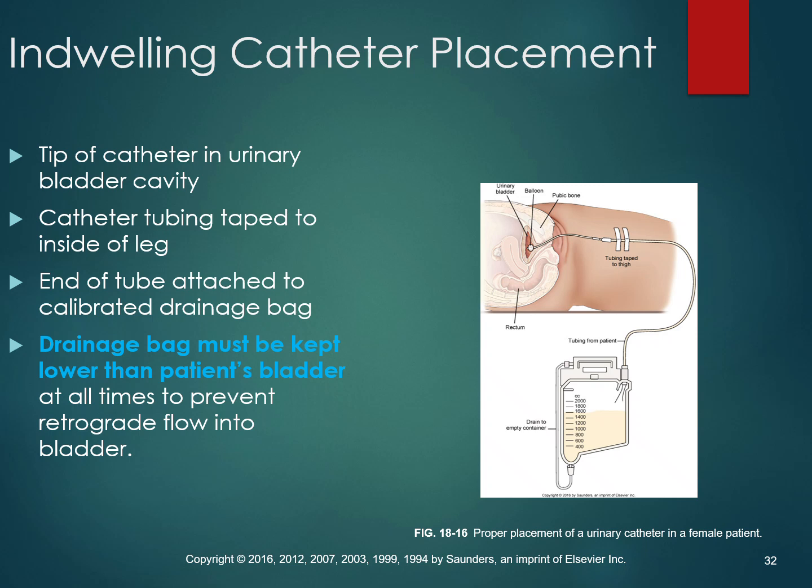If you lift the bag up, the urine is going to flow back into the bladder, and even though this is a sterile procedure, there could be bacteria in there, and then you would reintroduce it into the bladder. So it says the drainage bag must be kept lower than the patient's bladder at all times to prevent retrograde flow, that backward flow into the bladder.